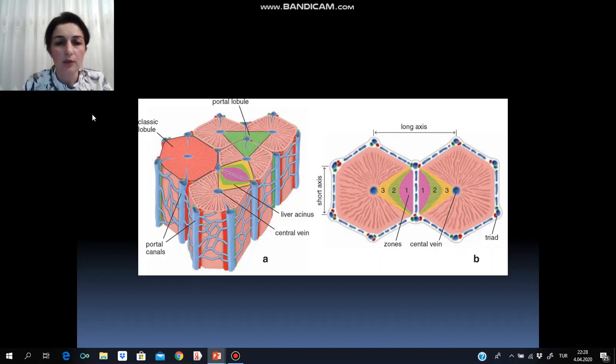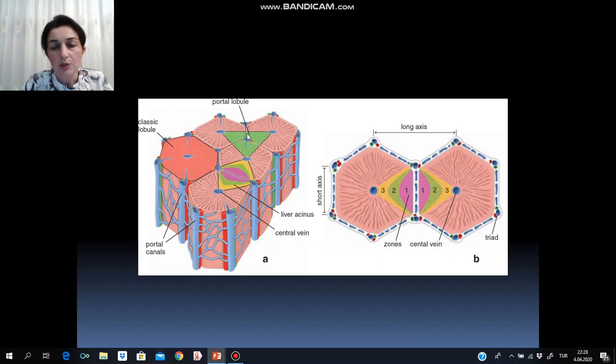First of all, let's look at this illustration. That is the classical liver lobules. These are hexagonal prism-shaped lobules. Now we know their structure. Now let's look at this structure, that is the portal lobule.